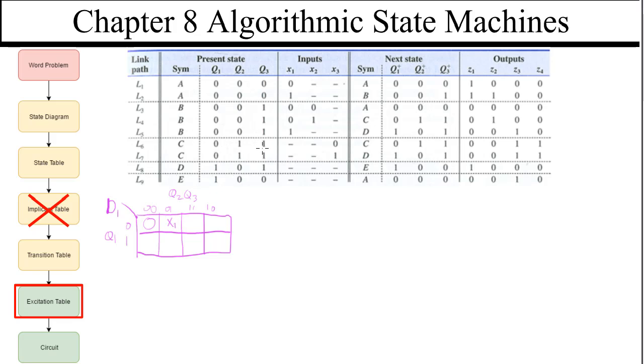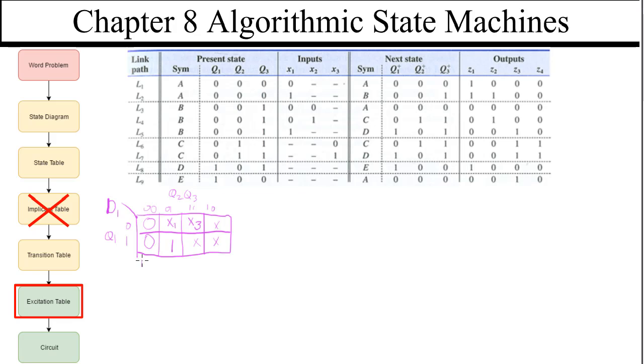When it's 0, 1, 1, it's following X3. When it's 1, 0, 1, it's a 1. When it's 1, 0, 0, its output is a 0. So these are don't cares.